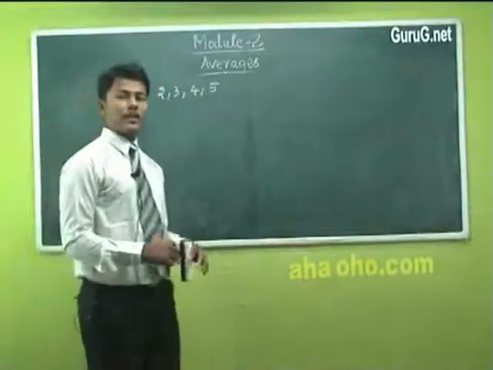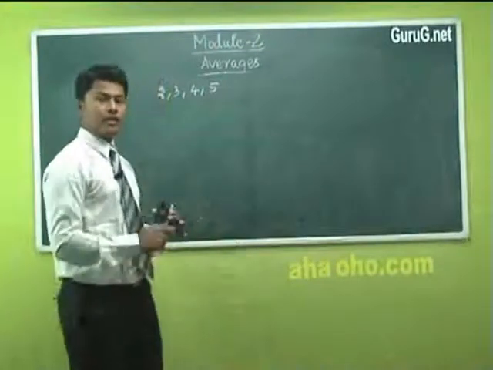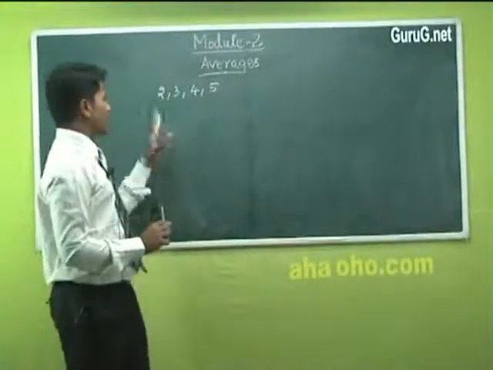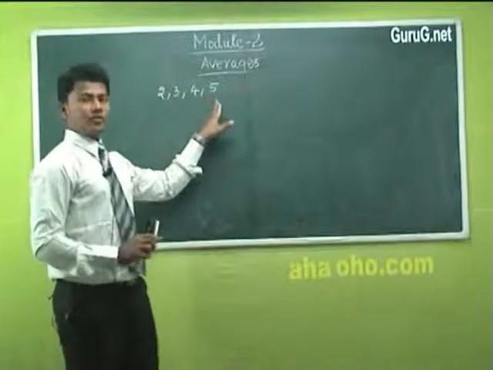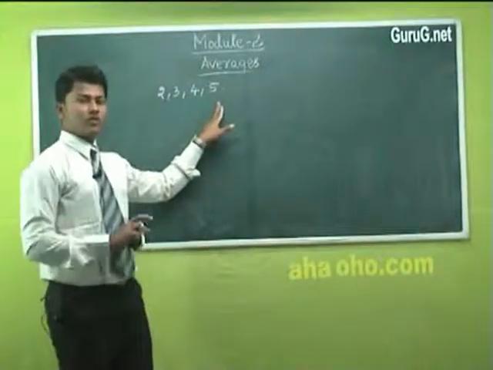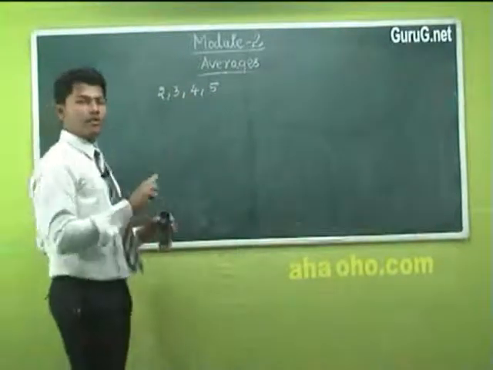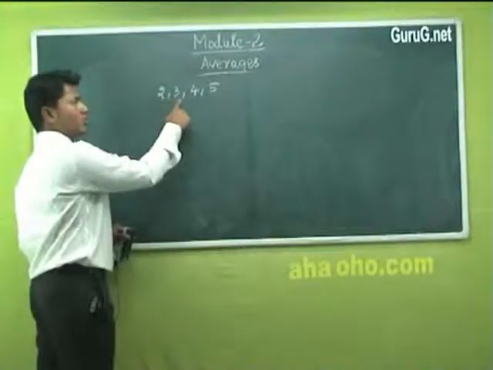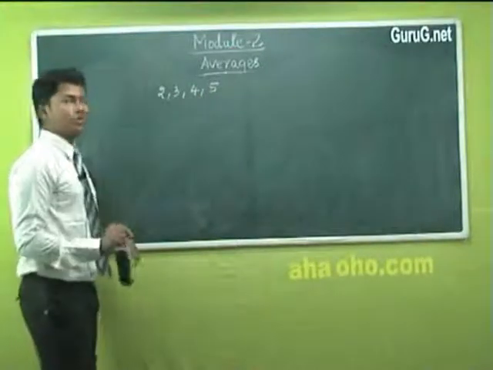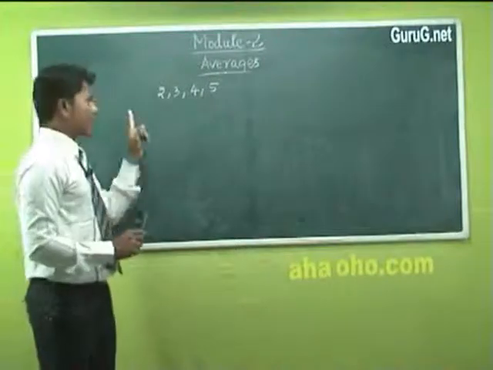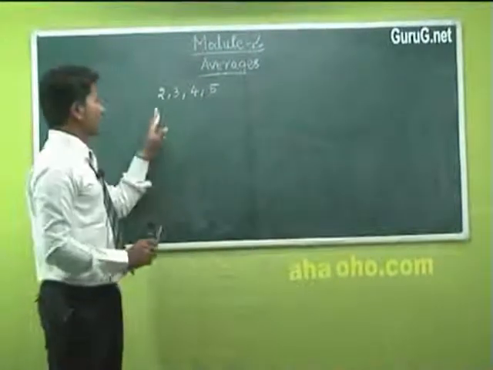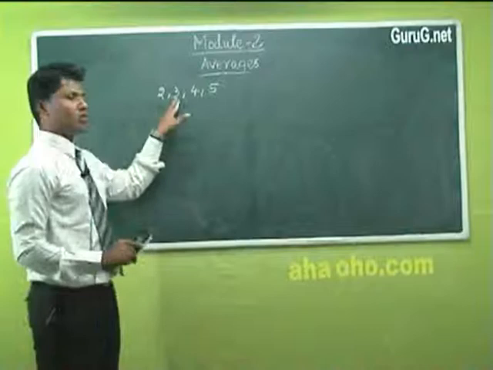You are asked to find the average of consecutive integers, say 2, 3, 4, 5. You are asked to find the average of 4 elements. You observe these 4 elements to be consecutive, 2, 3, 4 and 5. Now just check out, given that they are consecutive integers, the number of elements: 1, 2, 3, 4.